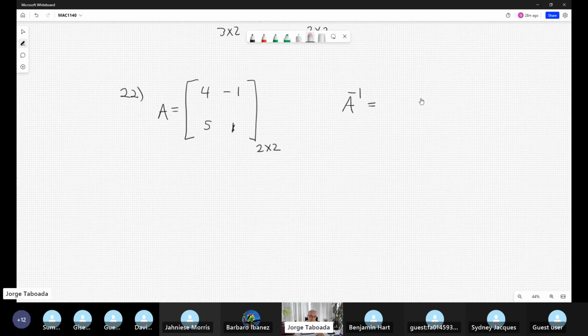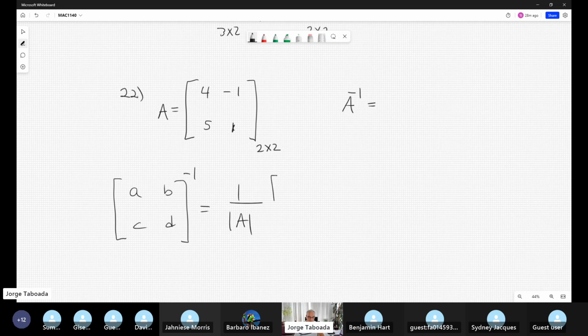Okay, so now you need to remember this formula. Suppose the 2 by 2 matrix is super easy: A, B, C, D. And the inverse of a matrix like that is 1 over the determinant of A. And the most important thing you have to remember is that you interchange A and D. So you put D here and A here.